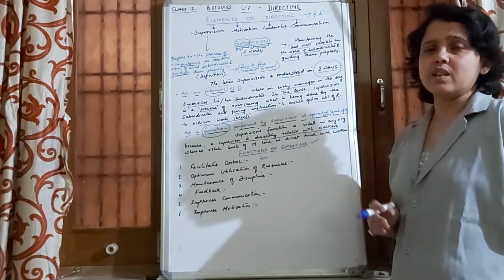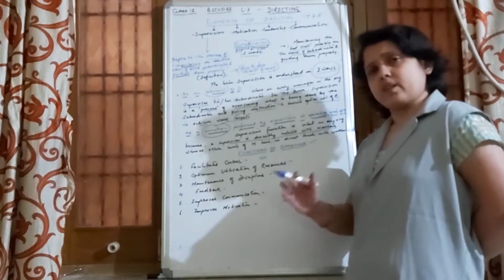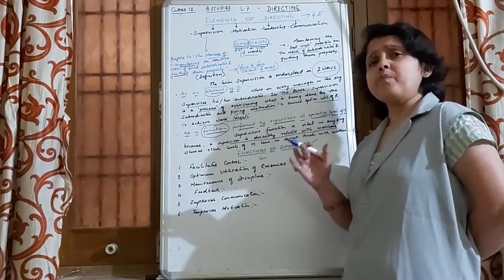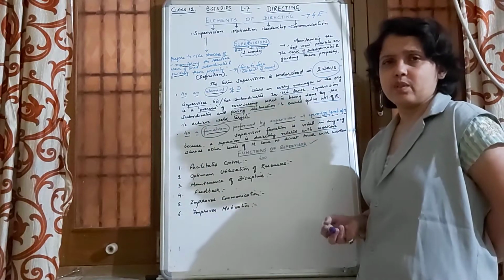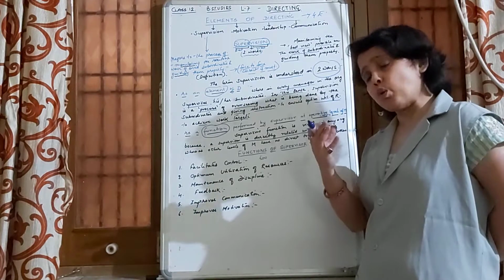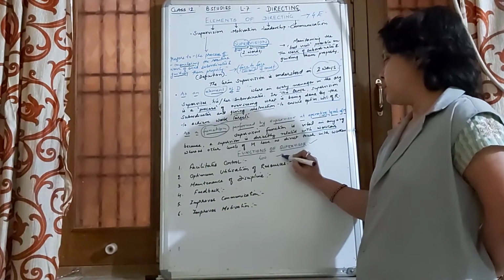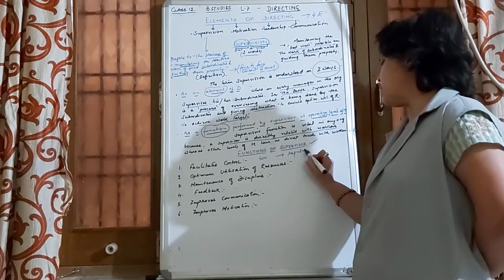So we have seen that the supervisor controls the work which is carried out under him by his subordinates. How does he control that work? By monitoring the progress of the work. Regular monitoring of the work is done by the supervisor.